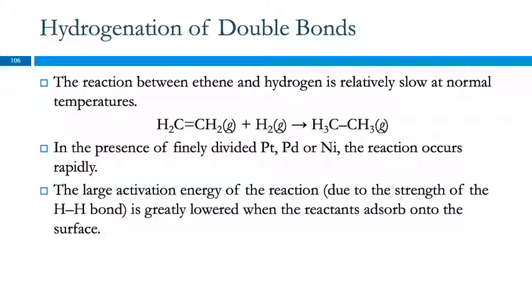But it's slow. If we have finely divided platinum, palladium, or nickel, that catalyzes the reaction and causes the reaction to occur quickly. The large activation energy of the original reaction, because of that hydrogen-hydrogen bond, is lowered.